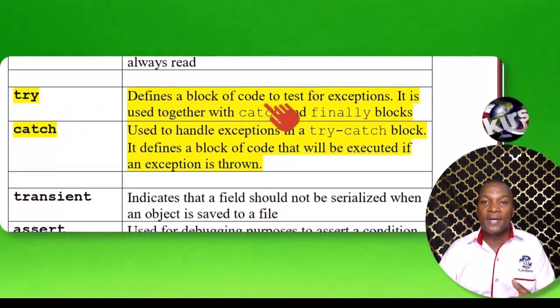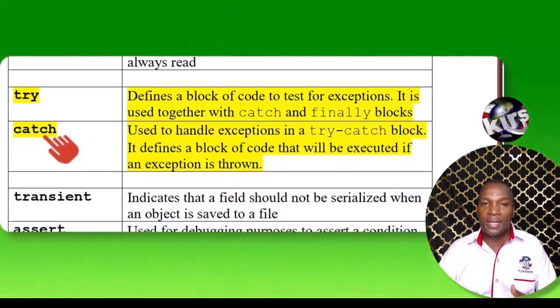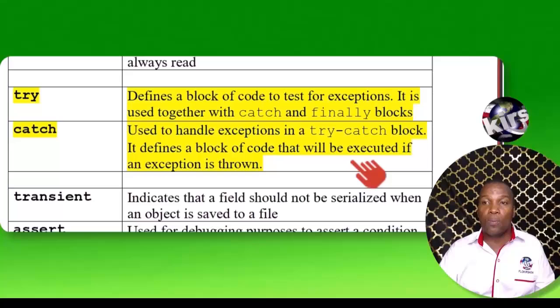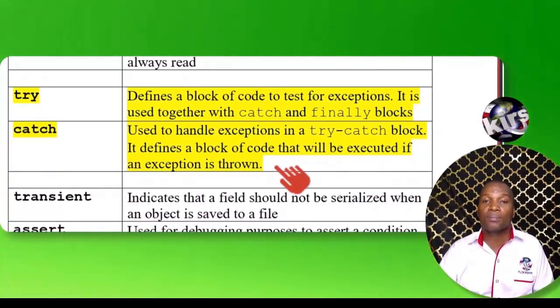Try defines a block of code to test for exceptions. It is used together with catch and finally blocks. Then catch is used to handle exceptions in a try-catch block. It defines a block of code that will be executed if an exception is thrown.